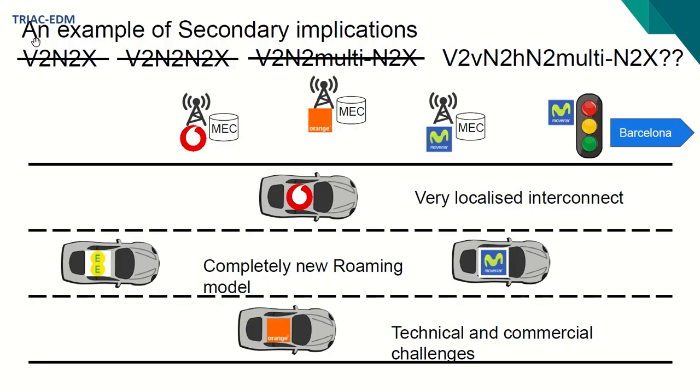Okay, so an example of secondary implications. For example, this car and this car, they are roaming on the road, and they use different providers, different vendors, different applications. You kind of need it to be able to communicate and accommodate the technical spec with respect to each other.